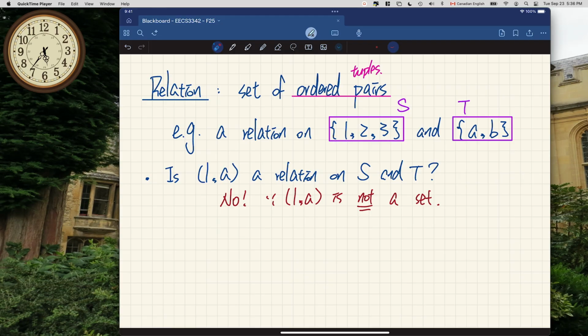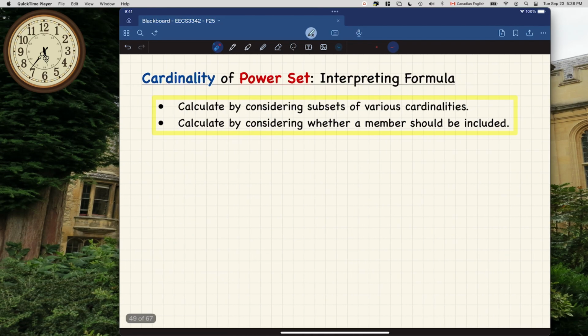I do want to continue with this page, but before that, I want to review very quickly the formula for calculating the power set. There are basically 2 ways for you to calculate the power set cardinality. I'm going to talk about both of them. We already learned about one of them last time, but it doesn't hurt to brush up quickly.